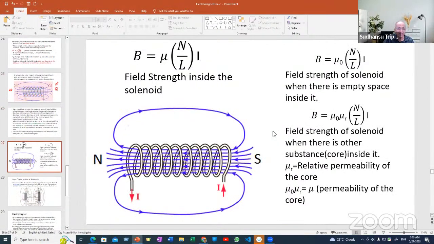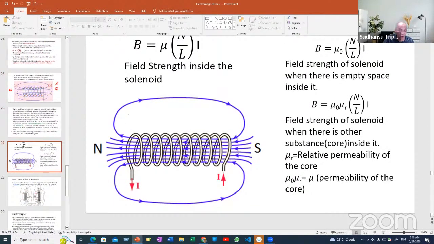We have discussed that, and also that the relative permeability is more than one, and it is given as K in most texts instead of μr.